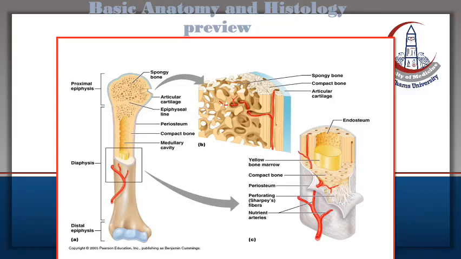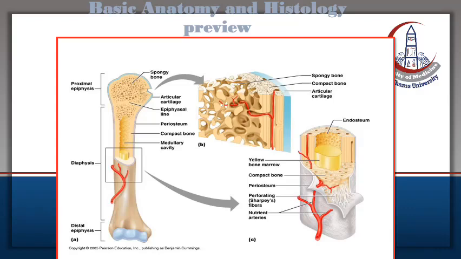while the long bones are formed anatomically of epiphyses on both ends. In between the epiphyses and the shaft, there is what is called epiphyseal plate. Epiphyseal plate is formed of cartilage, and it's present obviously in the children and adolescents.